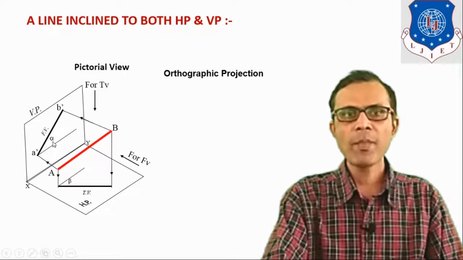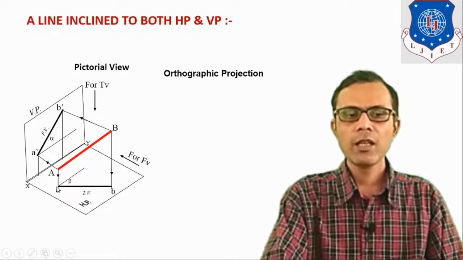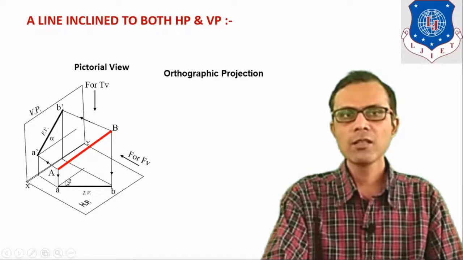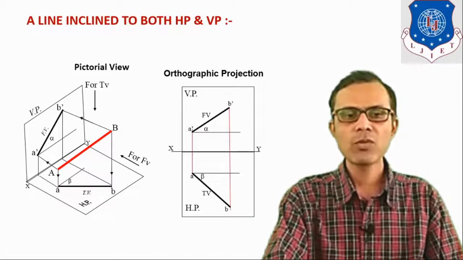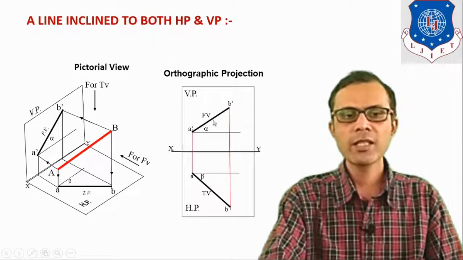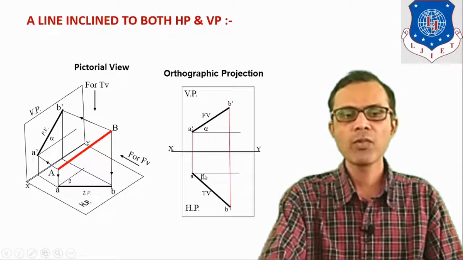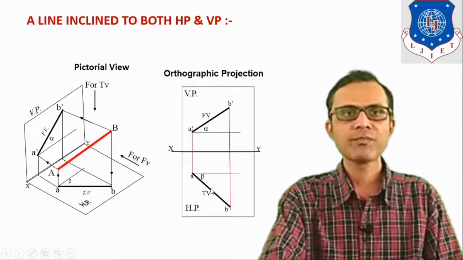That is known as the apparent angle of the front view with HP, and the angle made by the top view is the apparent inclination angle of the top view with VP. For orthographic projection, you can see here this A dash B dash with inclination angle alpha, and from that the projection is taken, and AB is the top view and beta is the apparent angle of the top view with VP.